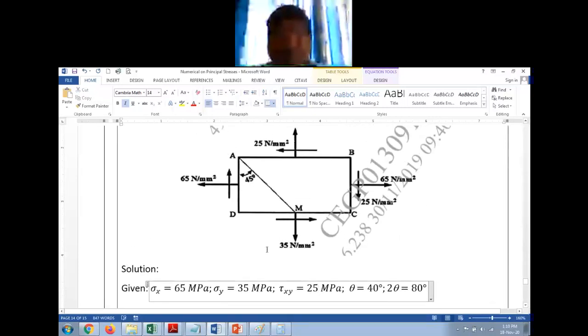Now theta in all our numericals we have taken with respect to the vertical, or with the major normal stress. With respect to the major normal stress, the angle theta is taken. Now he has given it with respect to the minor normal stress, so that is 45 degrees.